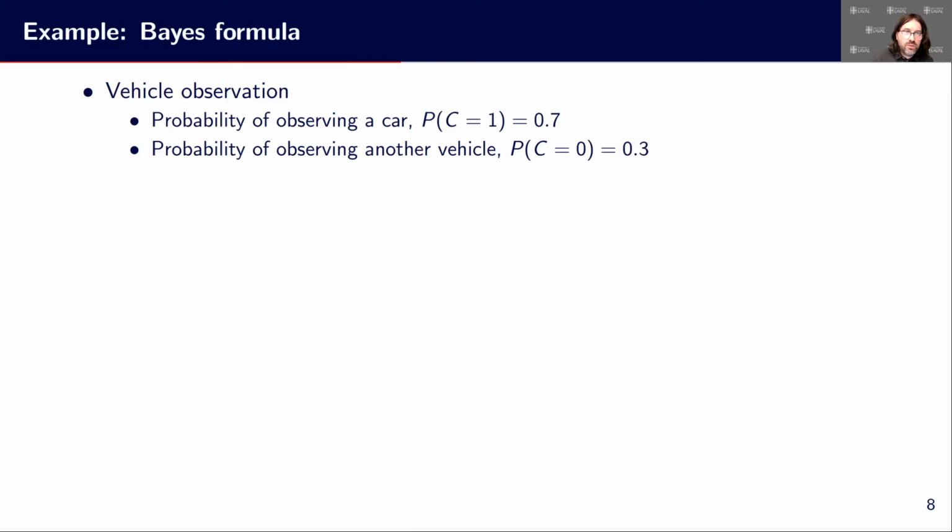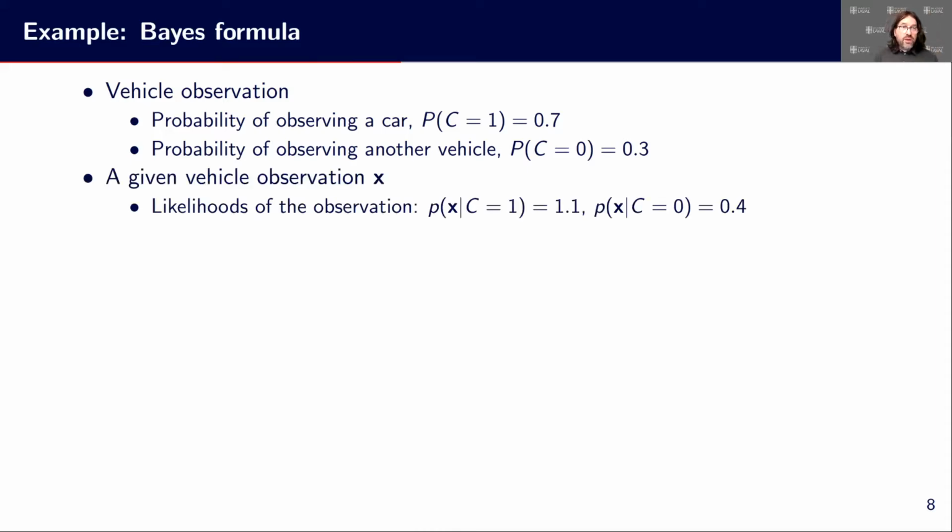Let's assume that the priors here are that 70% of the time, so 0.7, is the probability of observing a car, P(C=1). And the other case, observing another vehicle, is 0.30, so this is P(C=0). These are the priors of our example.